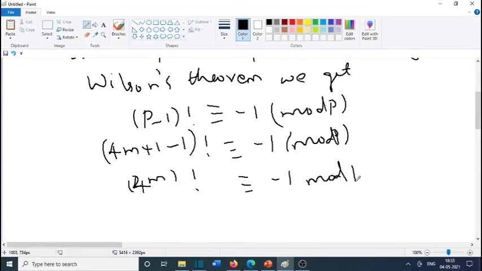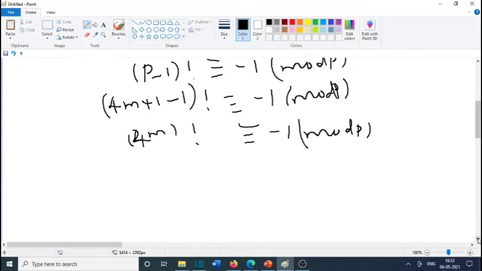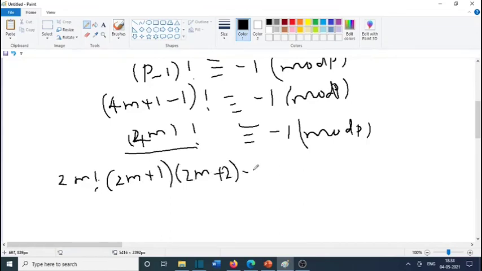We need to get 2m factorial as the answer, so let us write the rest from 2m factorial: 2m factorial into 2m plus 1 into 2m plus 2, etc., 4m minus 1 into 4m, congruent to minus 1 mod p.